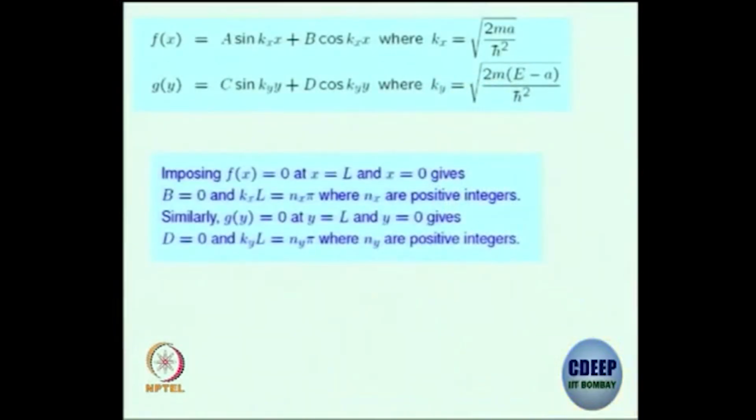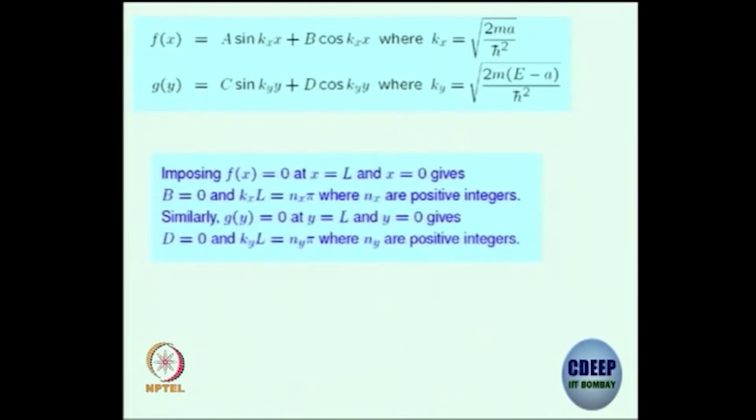So what is the condition? kx is this and ky is this. And you impose the condition f of x equal to 0 at x equal to 0 and x equal to L, which will make b equal to 0 and kx will be quantized.